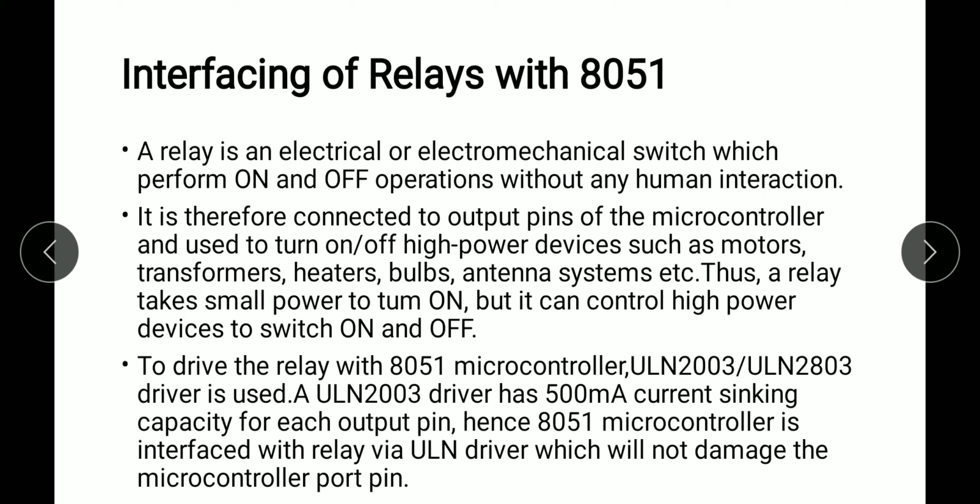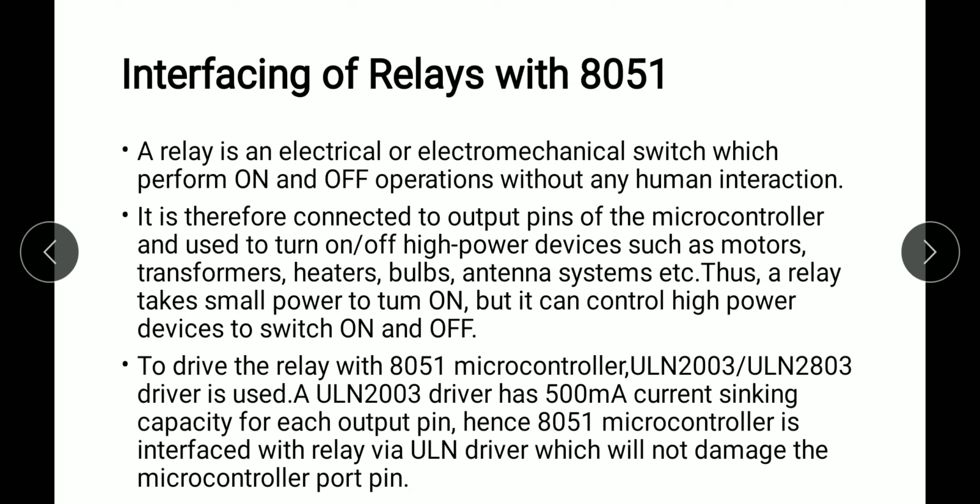Hence, the 8051 microcontroller is interfaced with a relay via the ULN driver, which will not damage the microcontroller port pin. A relay is an electrical or electromechanical switch which performs the on and off operation without human interaction.